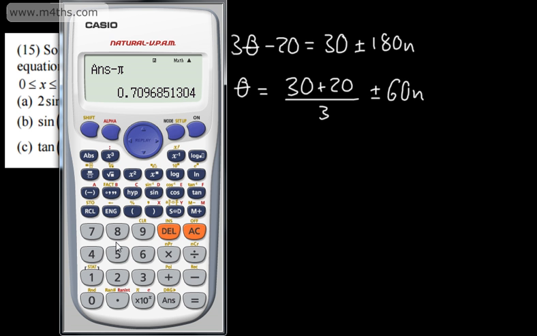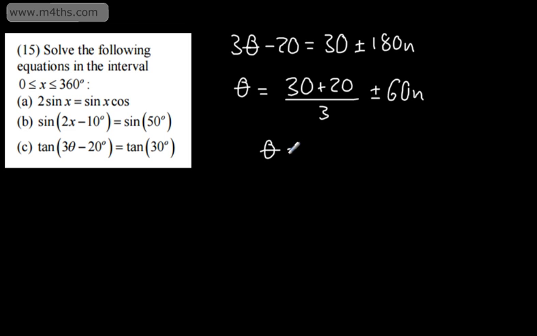Let's write that out. 50 divided by 3, 16 and 2/3, so 16.7. You can see how my brain is frazzled. 16.7, and that's to 3 significant figures or 1 decimal place. 16.7 degrees. And now we're just going to be adding multiples of 60 degrees.